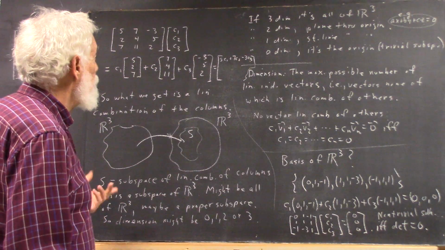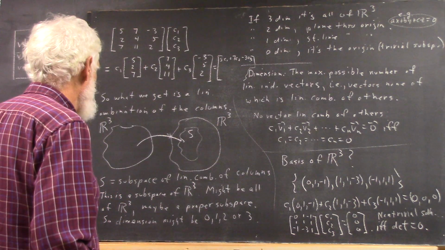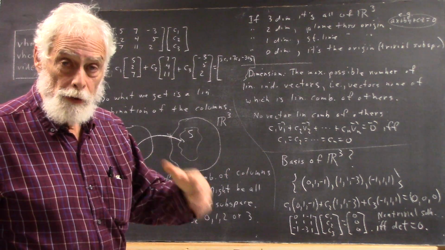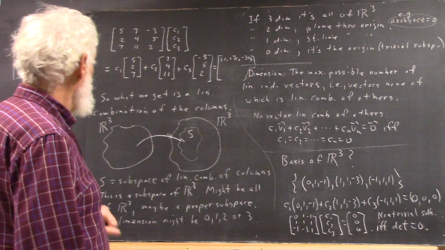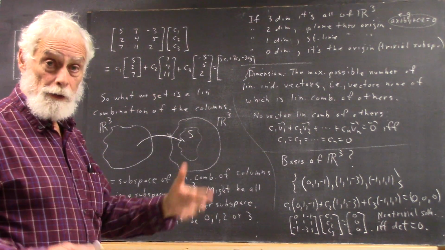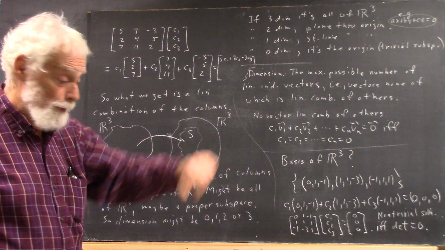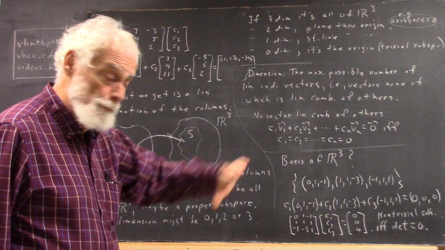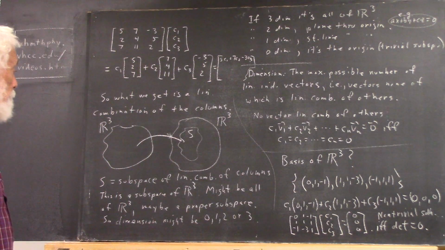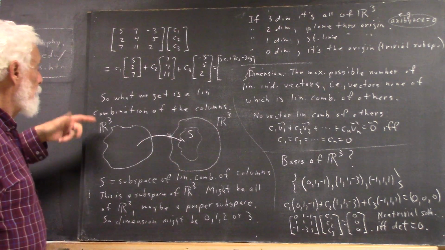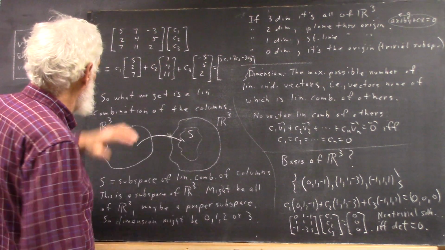So, if three of them are linearly independent, you get all of R3. If only two of them are linearly independent, you're going to get a plane in R3. And if all three of them are linearly dependent on one another, you're going to get a line through the origin in R3. Just a line, not a plane. Okay? So your R3, these would be like your C1, C2, C3 vectors.